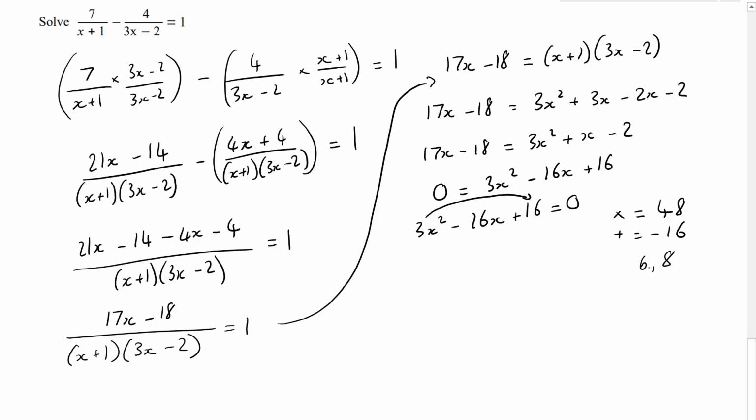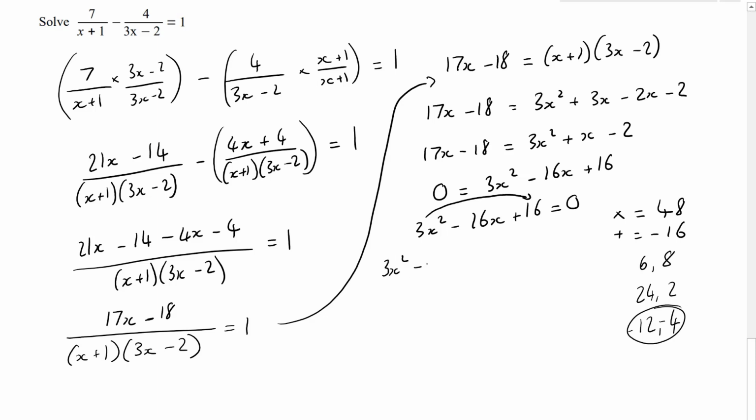And if we had 6 plus 8, we're only going to get to 14, maybe 24 and 2, maybe 12 and 4. And there we go. So we're going to have minus 12 minus 4, and that's going to give us this factorization.